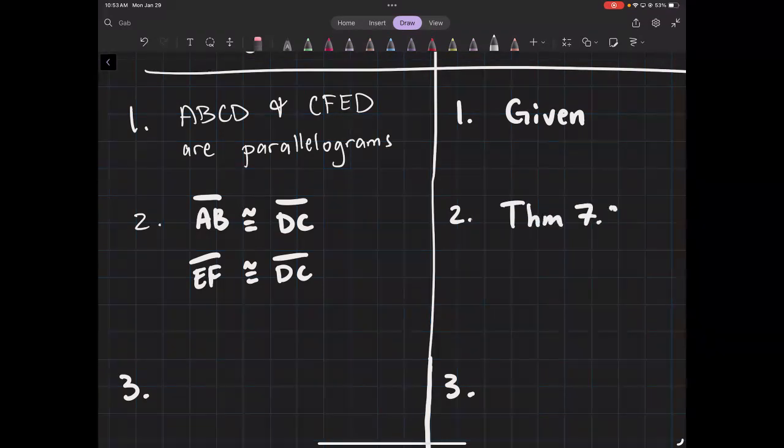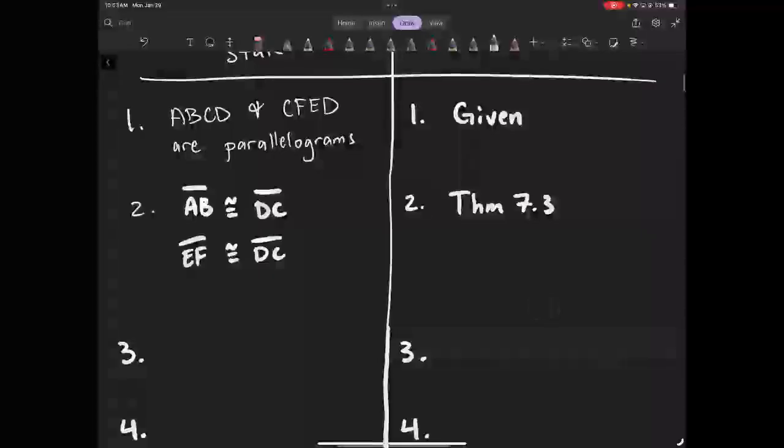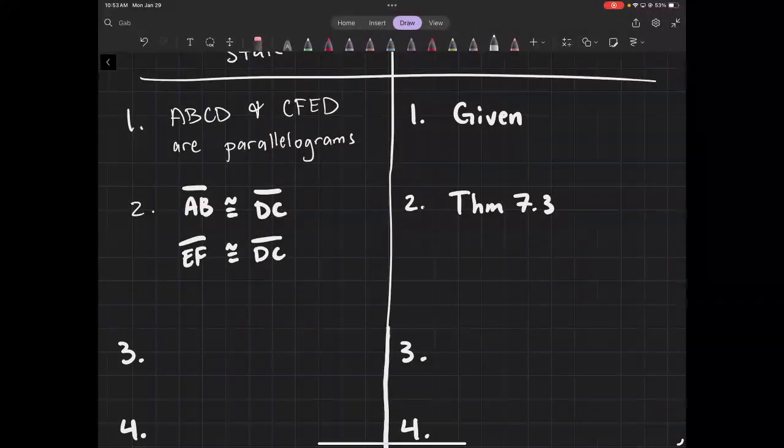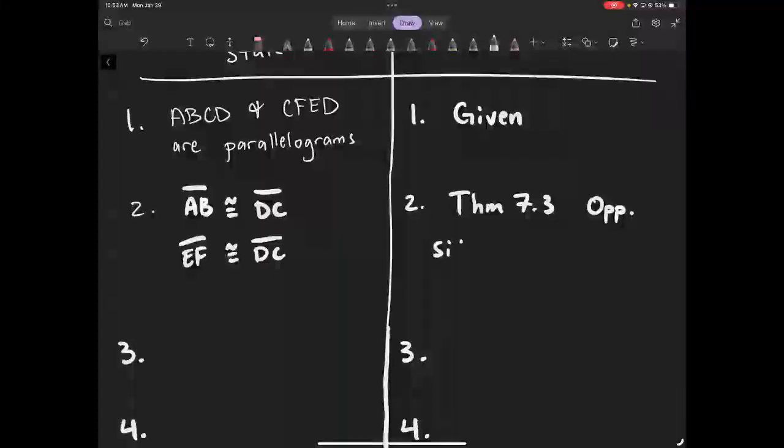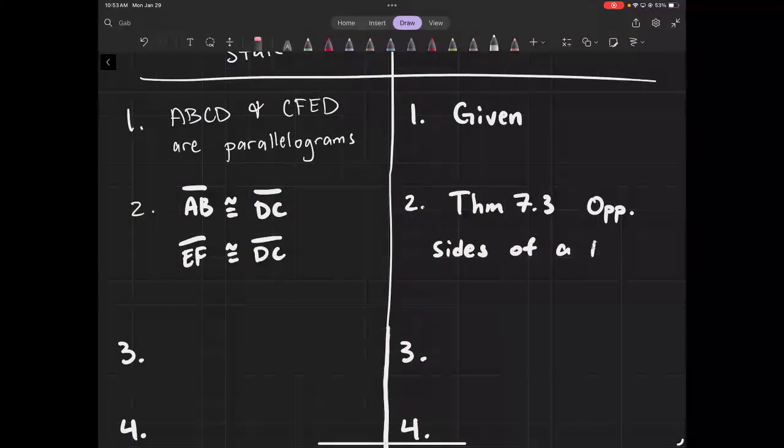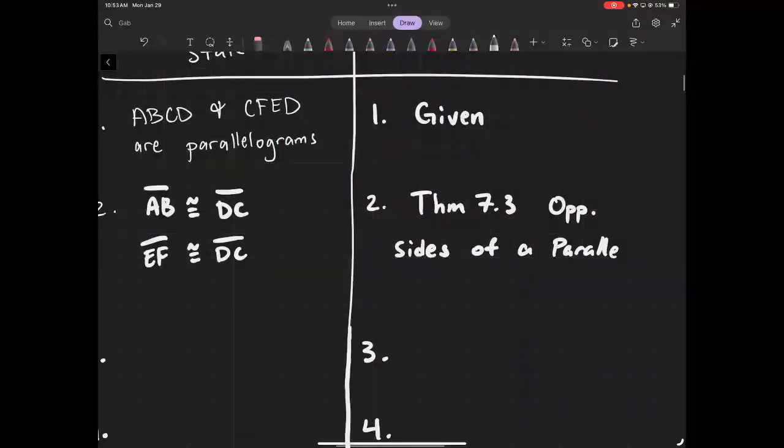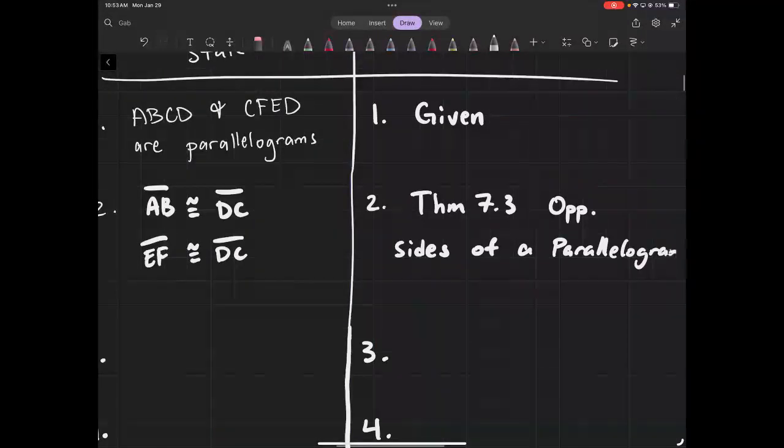And what does 7.3 stand for? Yeah, opposite sides of a parallelogram are congruent.